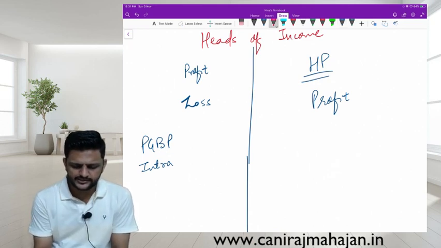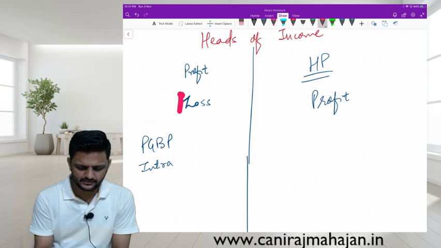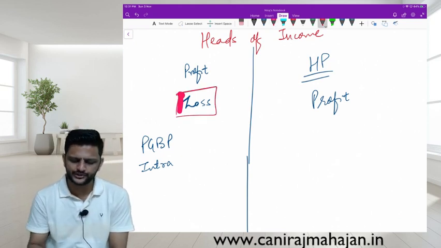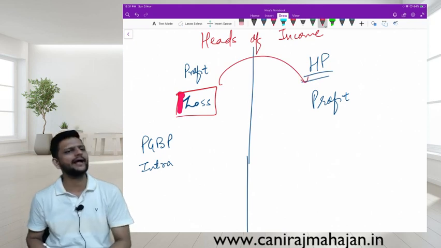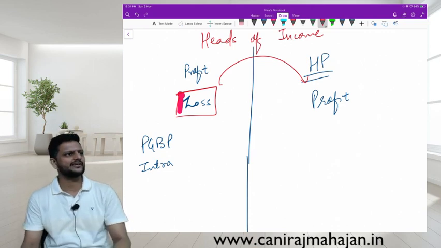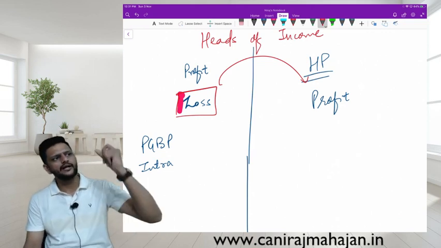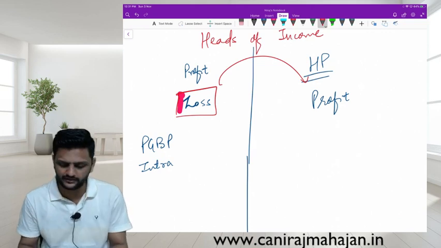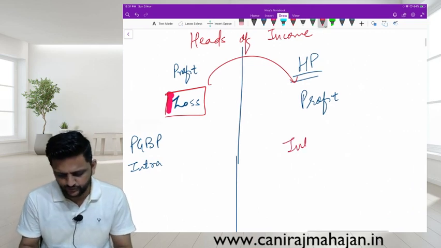Now, let us say he has only one non-specified business and there is a loss, but he has an HP profit. The question obviously is, can he adjust the business loss against house property profit? Which kind of adjustment is this now? Inter-head. As soon as you are leaving the head of income, it becomes inter-head adjustment.